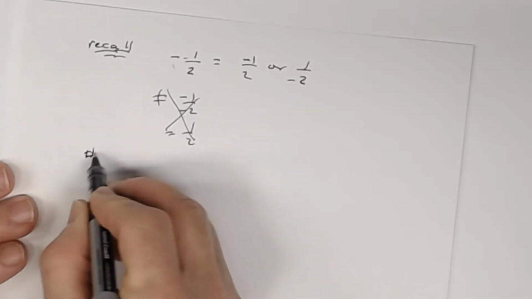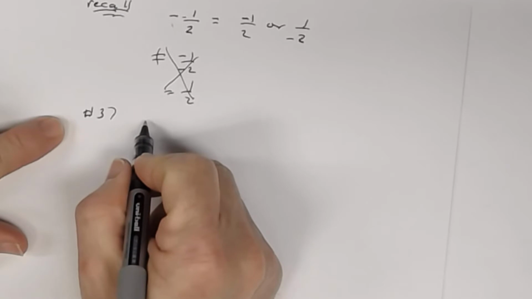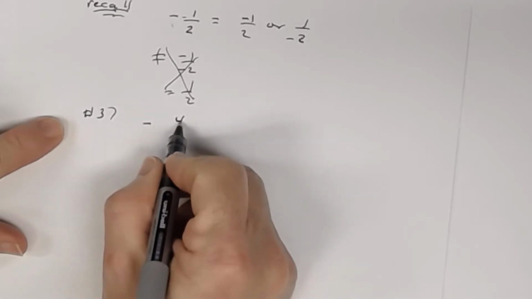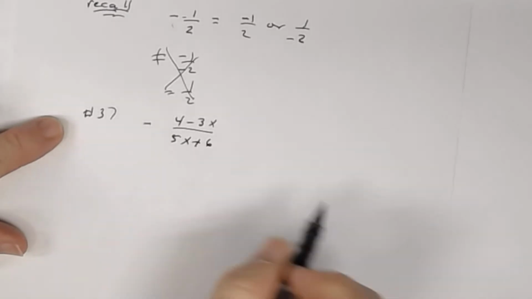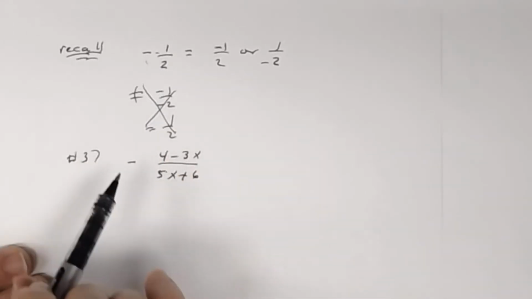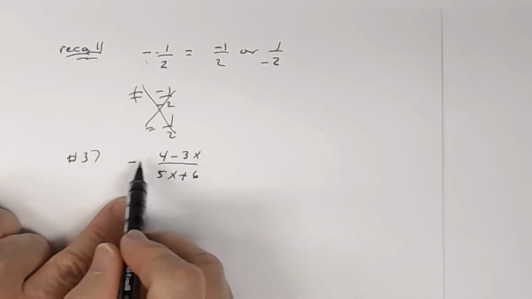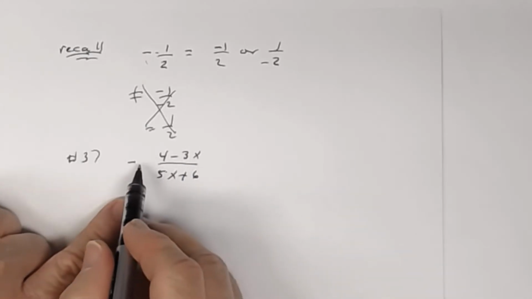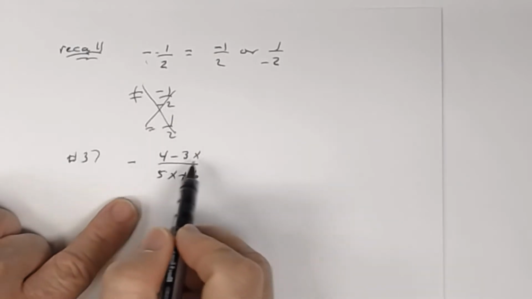So number 3, we have this expression. We have negative 4 minus 3x divided by 5x plus 6. So based on what we just talked about, so you see that I have this fraction, this rational expression, and there's a negative in front. So that means I can rewrite this by taking the opposite of the numerator.